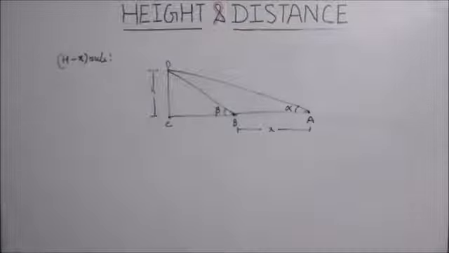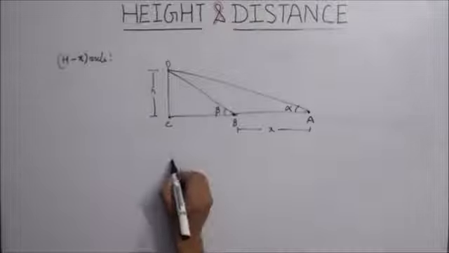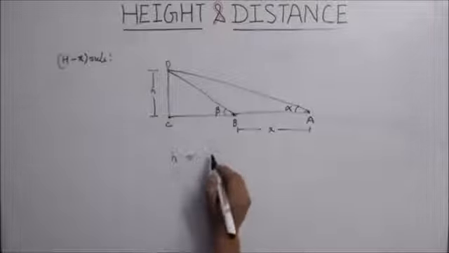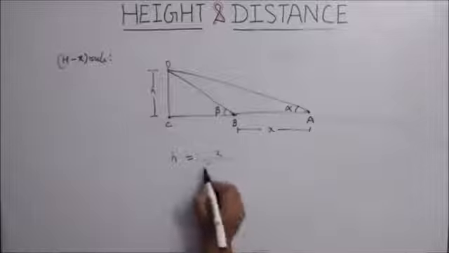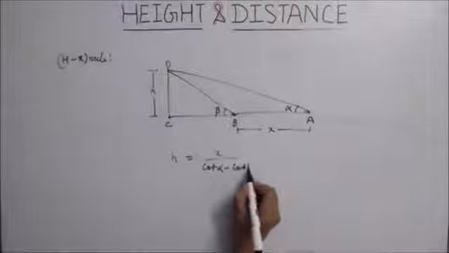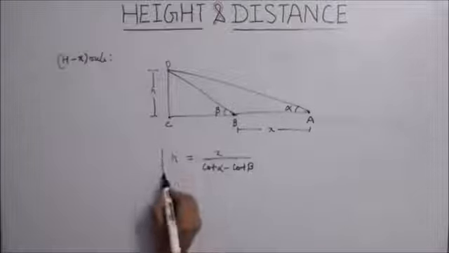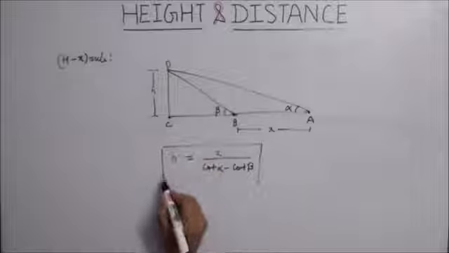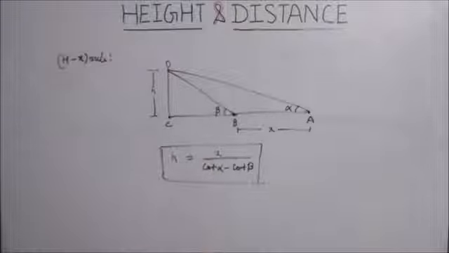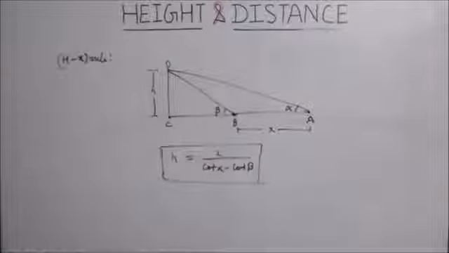And you have to find the distance between point A and B. So you have to put the values in this formula I am telling you. H is equal to x upon cot alpha minus cot beta. This is the direct formula to calculate the distance between A and B.